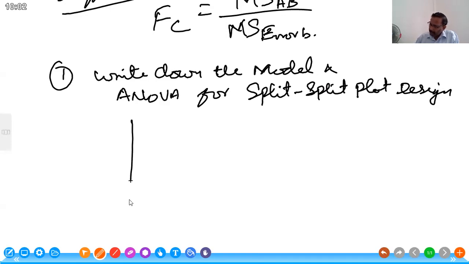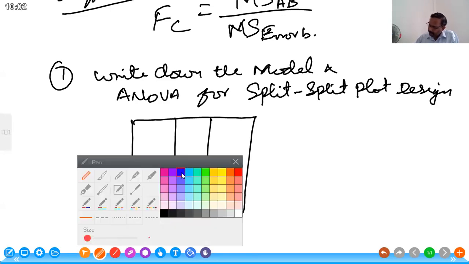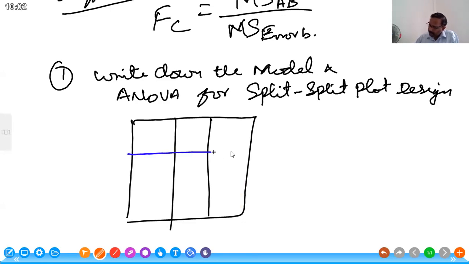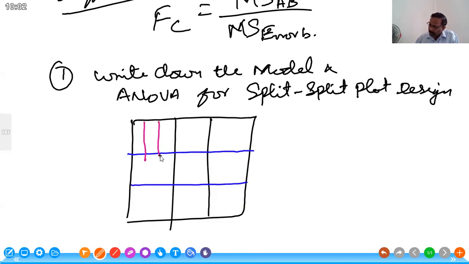That means, as I pointed out, it has 3 sizes of plots. For example, look at it.